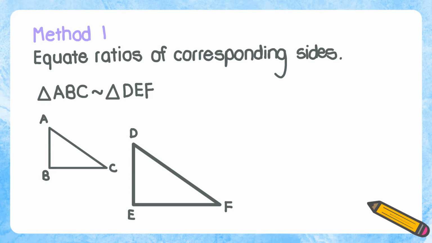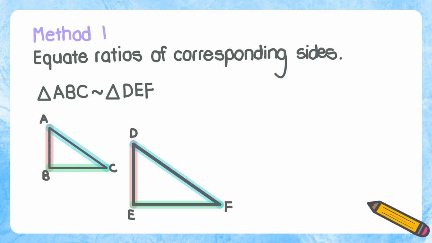Let's go ahead and find pairs of corresponding sides. In this case, side AB corresponds to side DE, side BC corresponds to side EF, and side CA corresponds to side FD. We have three pairs of corresponding sides.